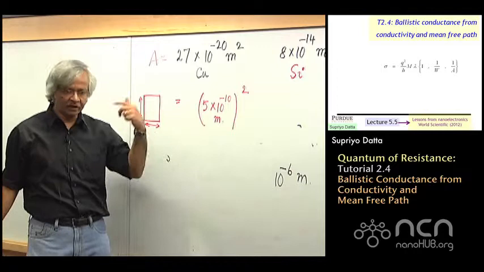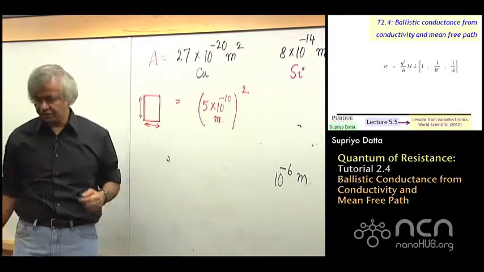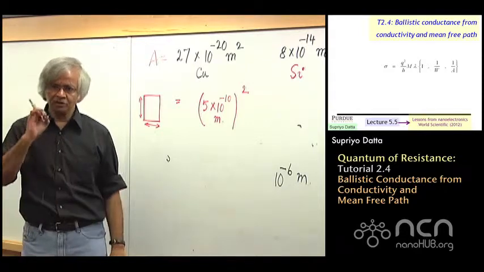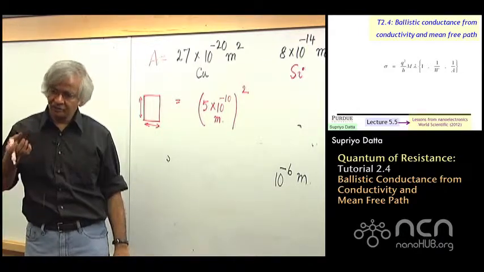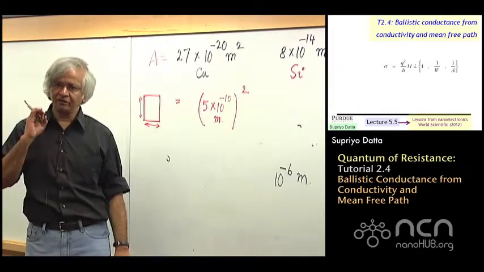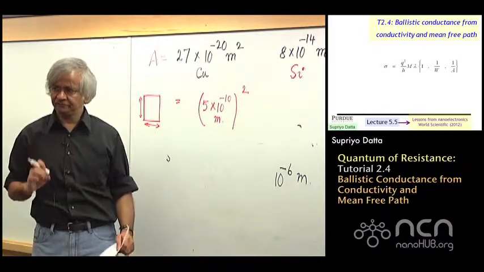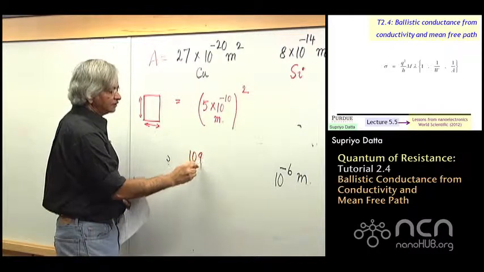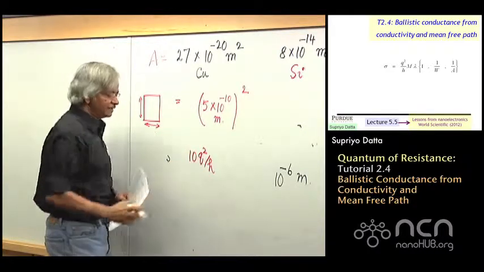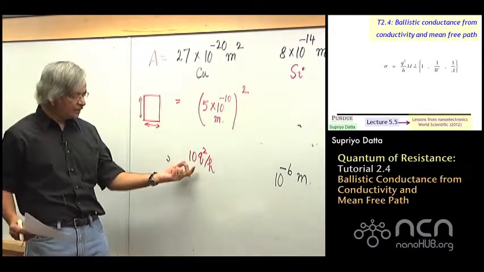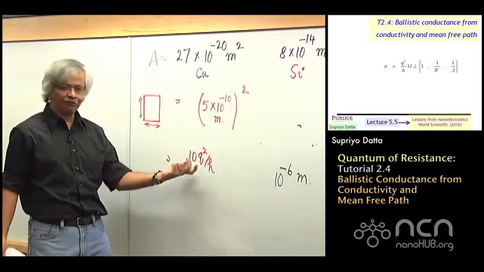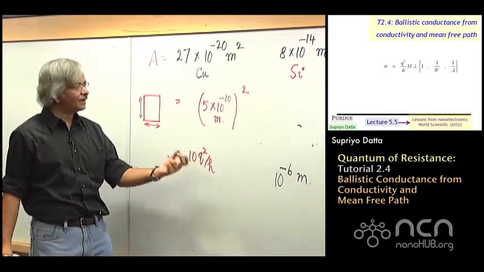So the point I was trying to make, which I think I stated earlier, is that in the case of copper, the number of modes in the cross section tends to be almost on the order of the number of atoms in your cross section. So if you want this 10 q squared over h, you need very few modes, like 3 or 4 or 5 modes.